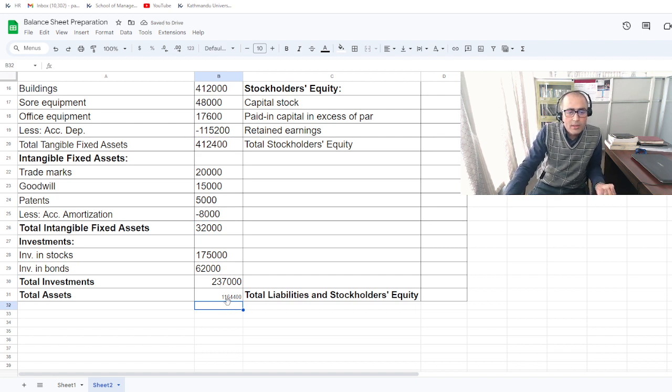That is 11,64,400, our total value. That is the part of your assets. Now look at your liabilities part then.